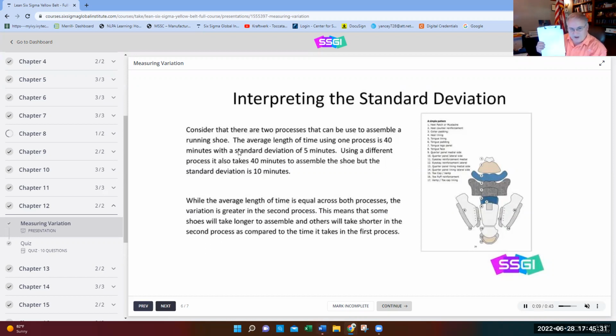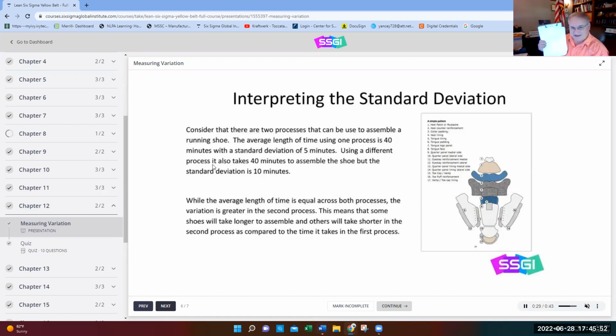And the standard deviation of 1 is 5 minutes. So let's just say that's on this 3 line here. It could be 2.5 on both sides. And so about every time they do it, it's 40 minutes. It's either 42.5 or 37.5. So that 5 minutes is the standard deviation.